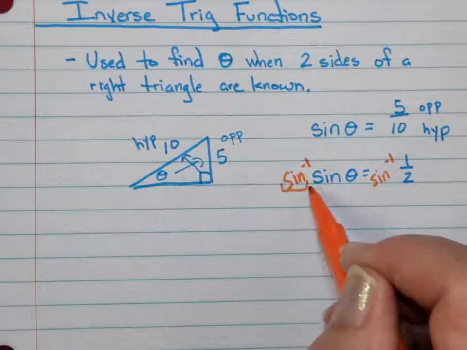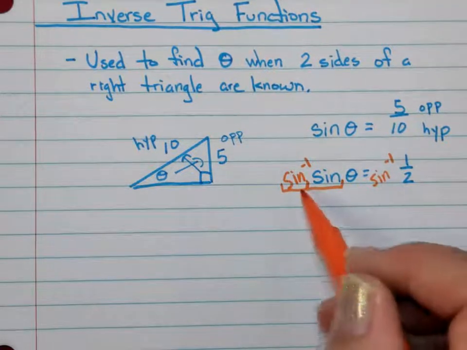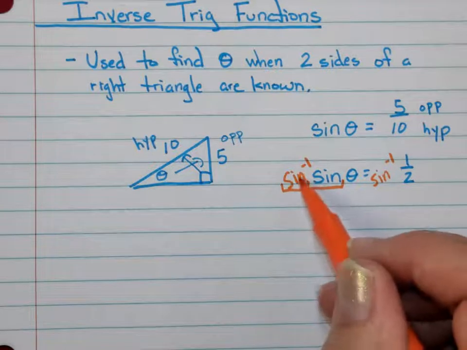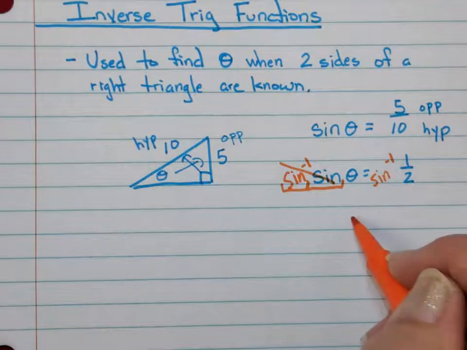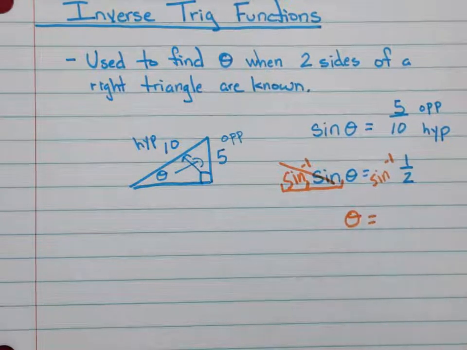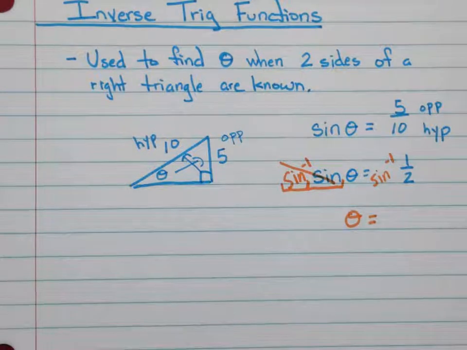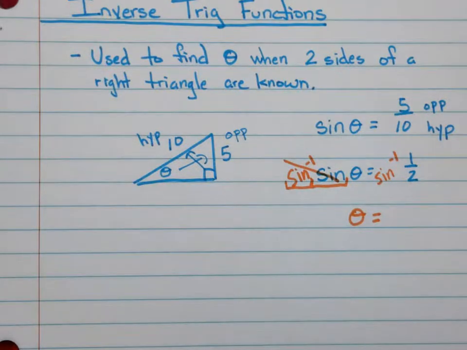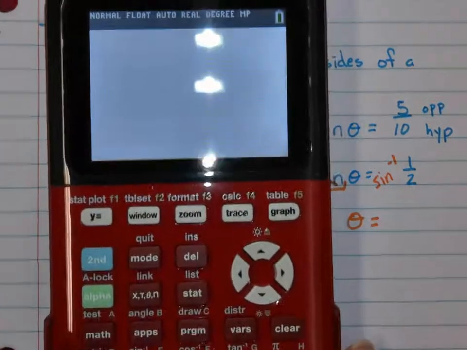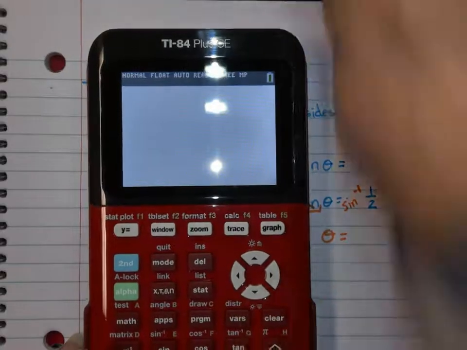Doing the inverse sine and the sine, these are inverse operations, so they undo each other. And so then we're going to have inverse sine of 1/2.